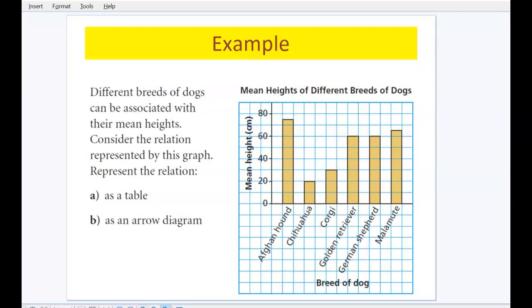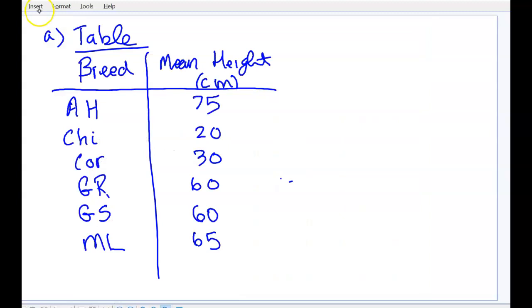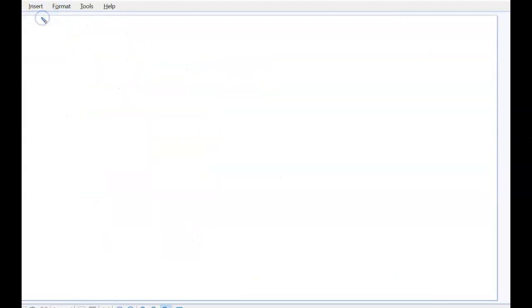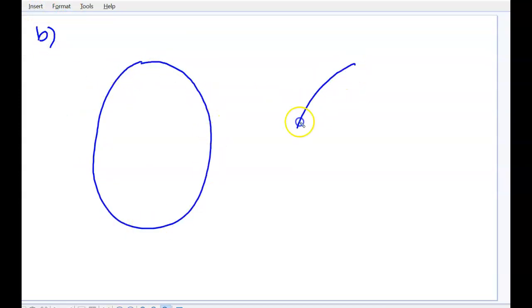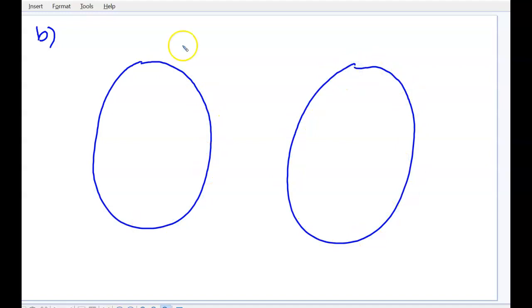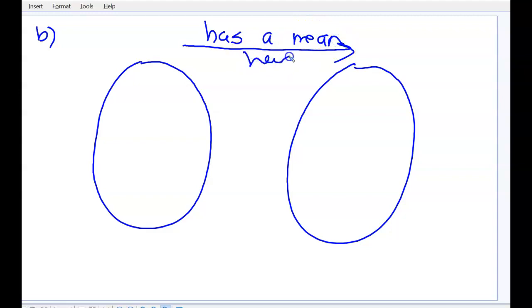Now, in part B, they want us to represent this in an arrow diagram. So let's do the arrow diagram now in part B. Our relation would be "has mean height."